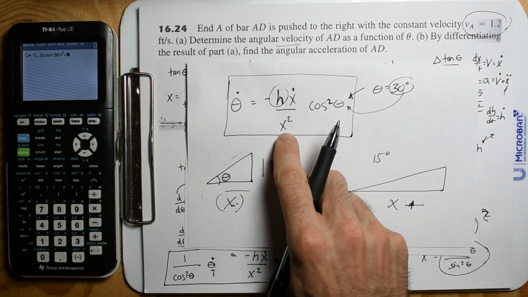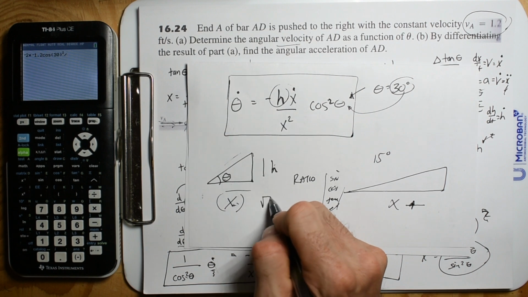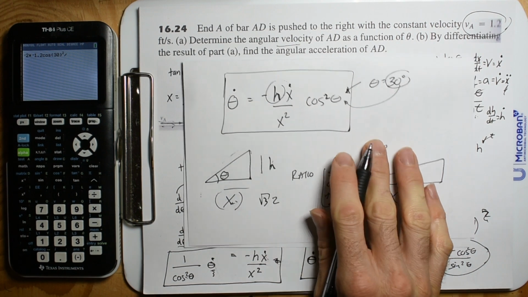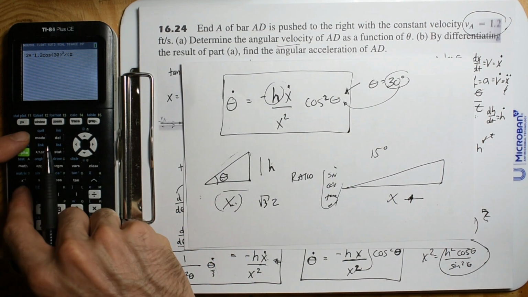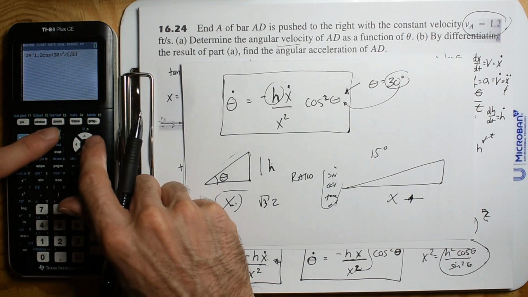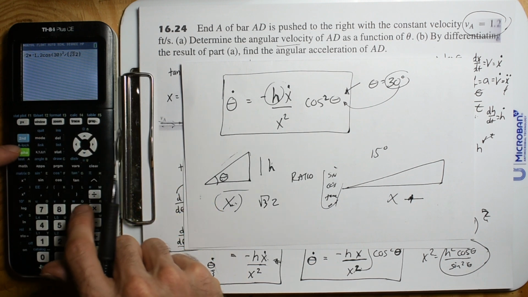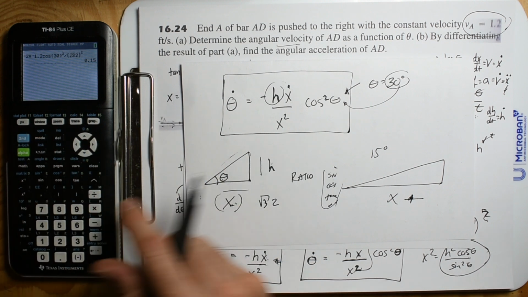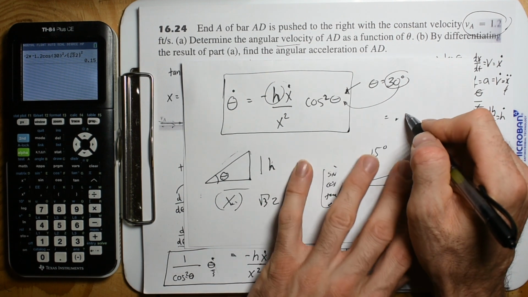But we know that x for this problem is square root of 3 times 2, and we're going to square that. So we're going to have square root of 3 times 2, and then we're going to square it. And so we get the same number.